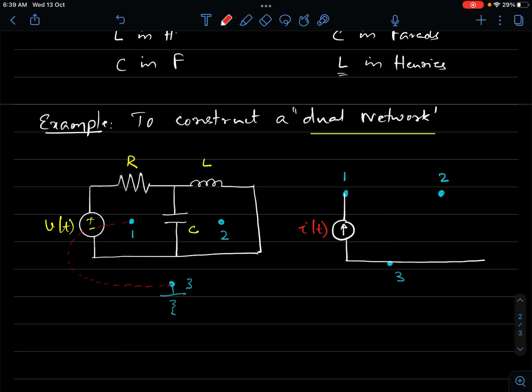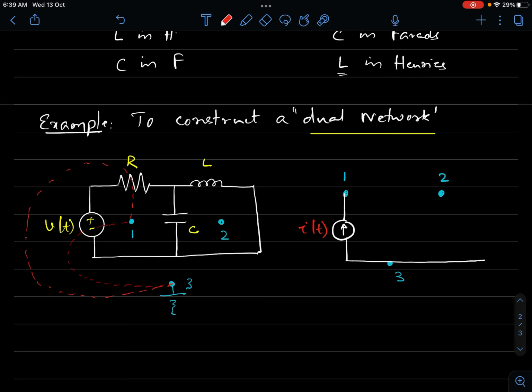Now again I will do the same procedure. I will pass through one element. Between node 1 and node 3, I have this resistor R. What is its equivalent?